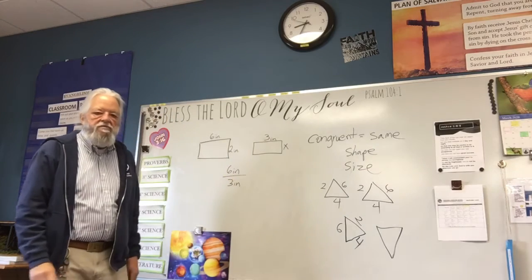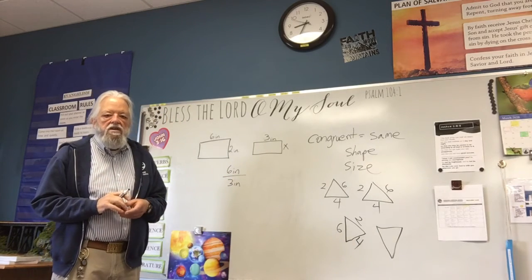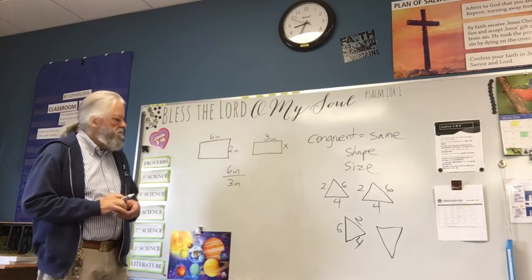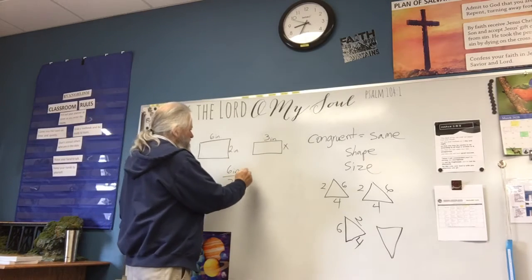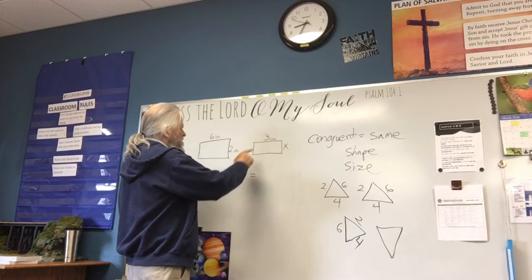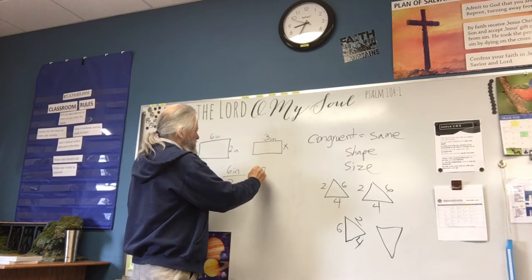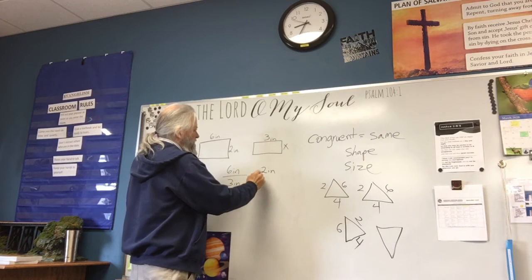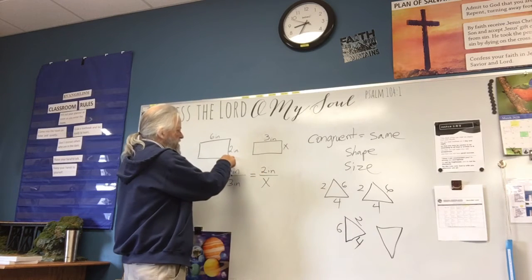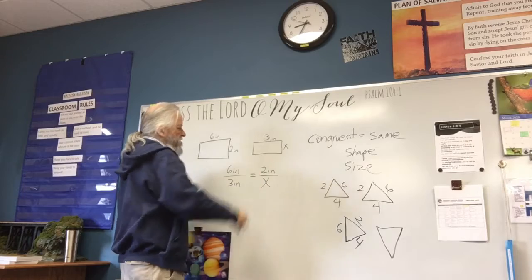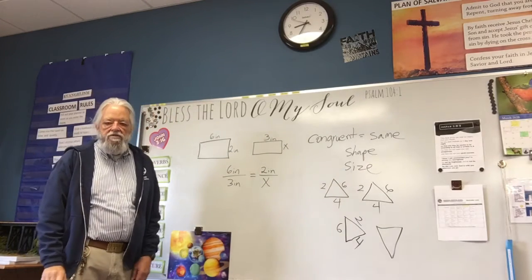That's a ratio. Remember, a ratio is something that can be expressed as a fraction. Okay? And then on the other side here, we have 2 inches on top on this one, x on this one. So there's your proportion.